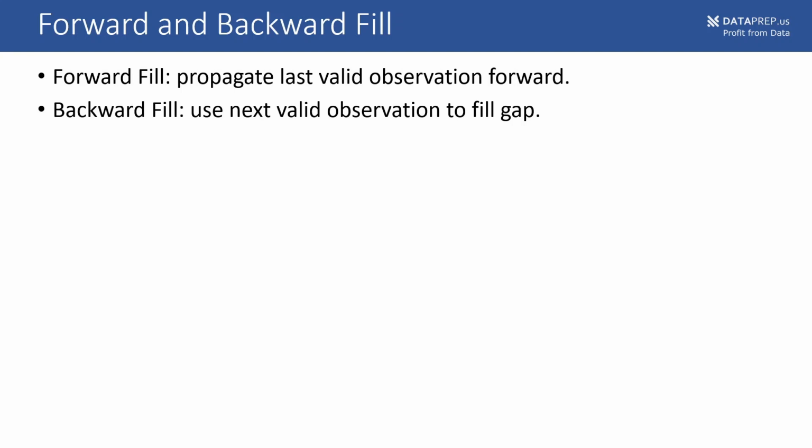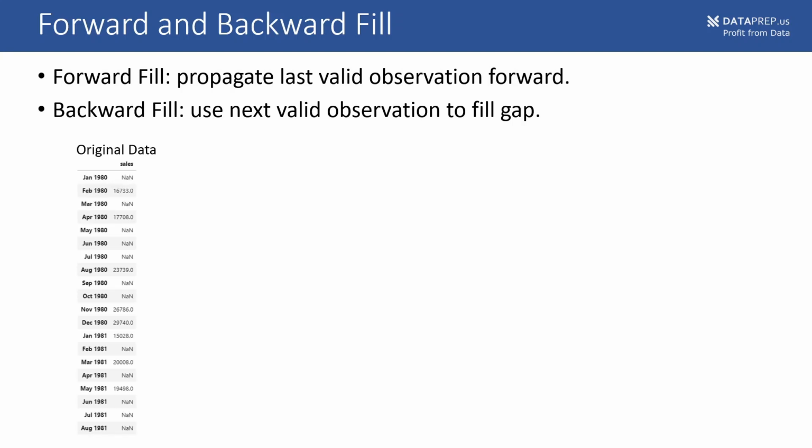In forward fill, what you do is you take the last known valid value and you copy it forward wherever you find a null or a missing value. And backward fill works exactly the opposite way. So here, for example, we have some time series data relating to the sales, actually this is from a toy data set, and it lists the wine sales of independent winemakers in Australia.